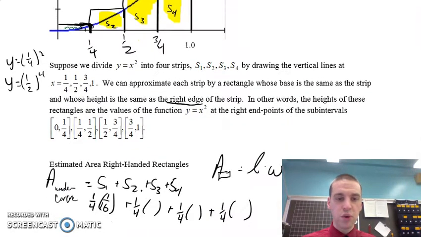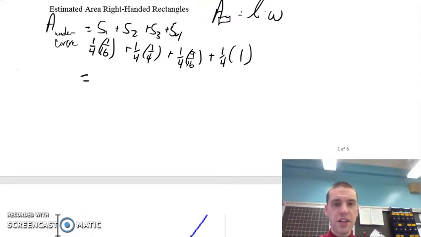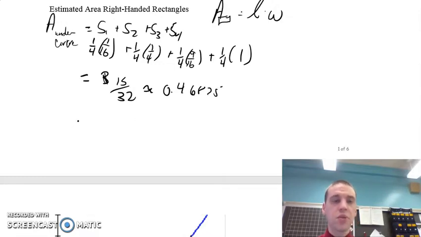Well, that's going to be 1/4. And then at 3/4? Well, that's 9/16. And then 1 is just 1. Then you would add all those up, and when you do the math, this gives you 15 over 32, or approximately 0.46875.